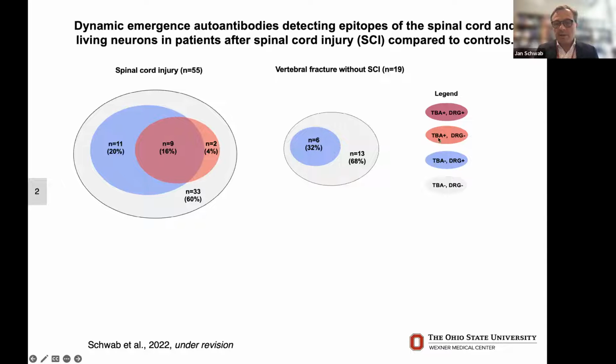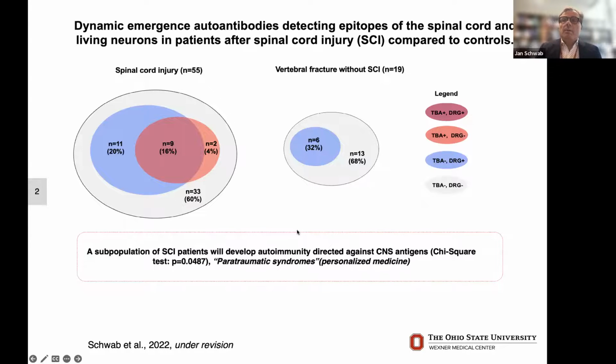Here, this would be just tissue-based positive, but not cell-based assay positive, and so on. And I would like to draw your attention to these double positive cells. Only in the spinal cord injury cohort, there have been double positive patients, so 16%, a subgroup. None of those patients in the control group showed actually double positivity in these assays.